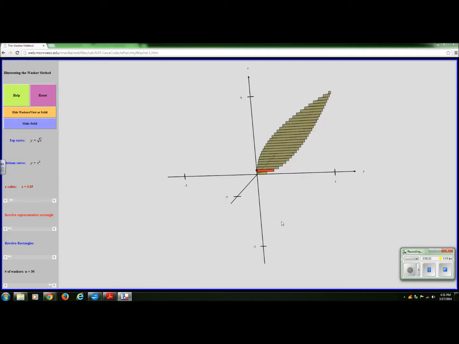And the second is that the width of our rectangle is now going to be based on the difference between this curve, this bottom curve, and this top curve. But lengthwise, that's going to be the difference in functions of y as opposed to functions of x. So we need to have our functions in terms of y instead of x. But that's actually fortunate, because if you remember, the method we used to find the volumes of revolution last time was to integrate with respect to x.